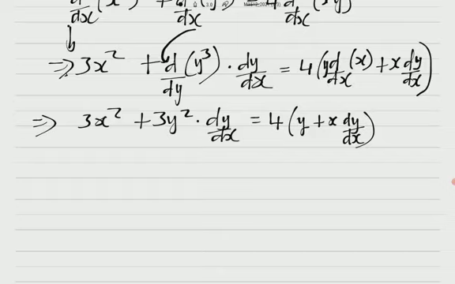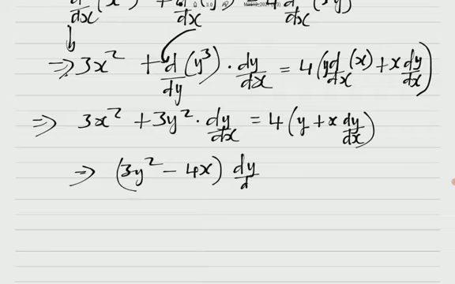We need to solve for dy dx, so we need to make it the subject here. I know you are good at that, so I'm going to skip those steps because now we are done with implicit differentiation, just making dy dx the subject of the formula. So we have 3y squared. Then you distribute the 4 inside there, 4x, and then outside we have dy dx.